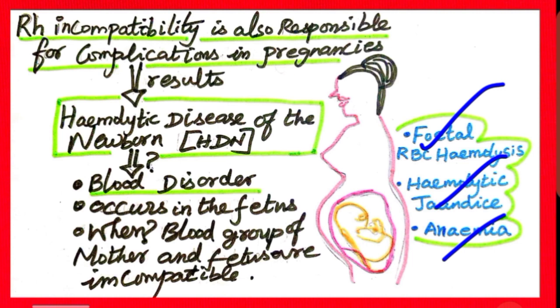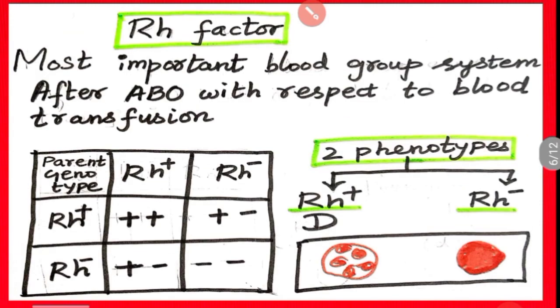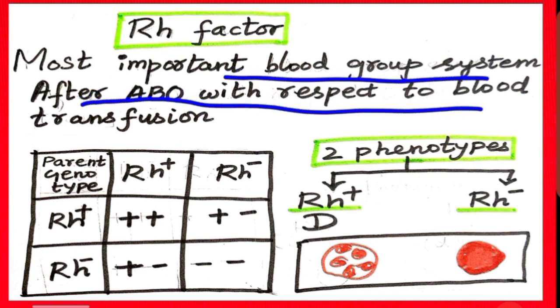HDN, or erythroblastosis fetalis. As we already know, Rh is the most important blood group system after ABO with respect to blood transfusion, right? Let us see two parents who are heterozygous for the Rh factor, that is, they have one positive and one negative allele for the Rh factor.